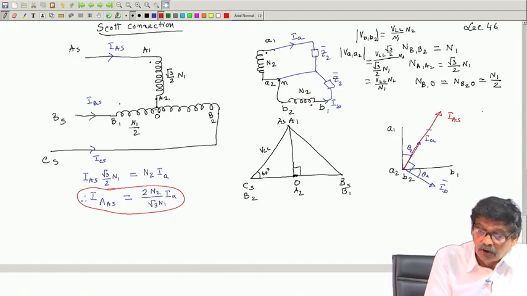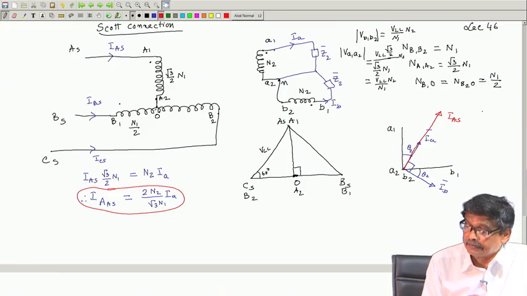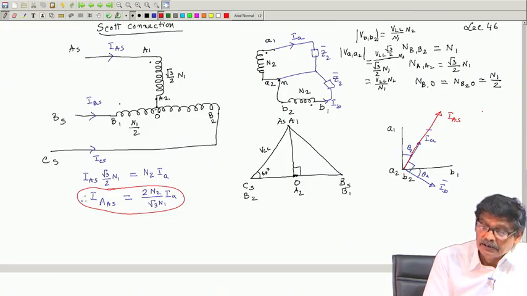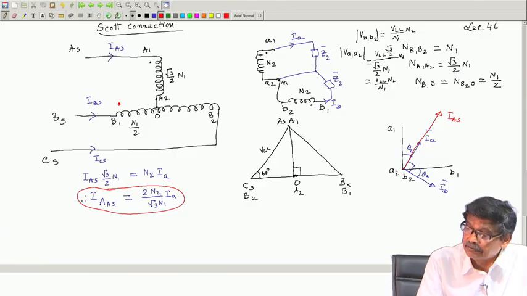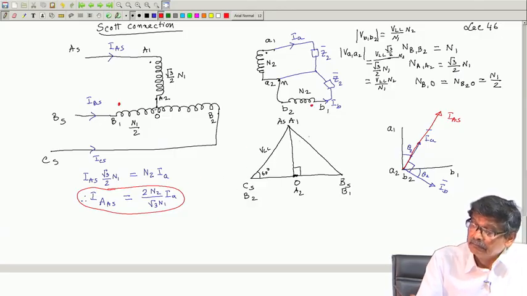Now, the question is how to calculate I B S and I C S. This part you have to go through carefully. So, these are the dot terminals. Through the dot, current I B I have shown coming out.